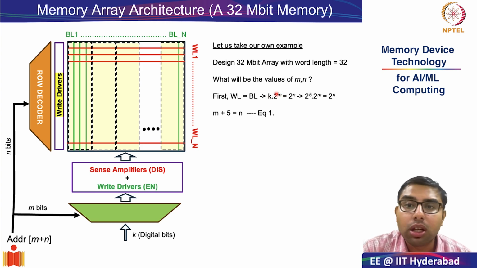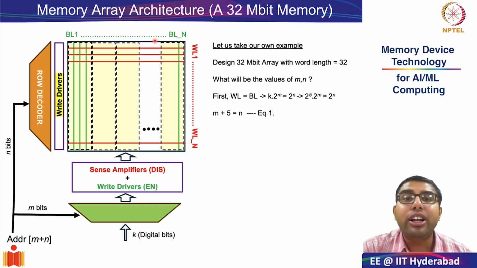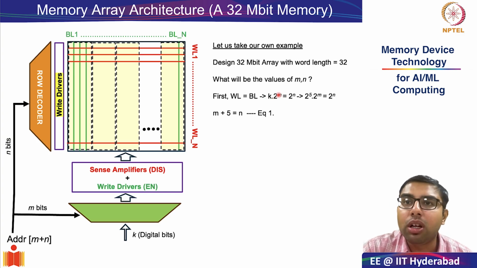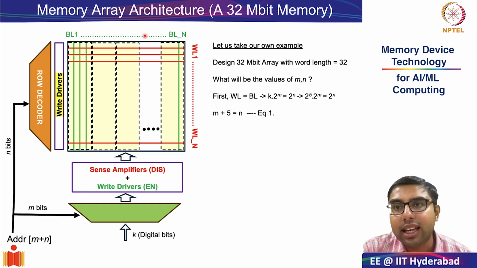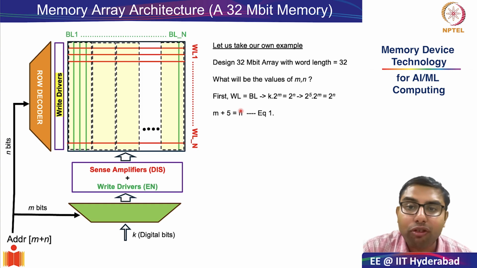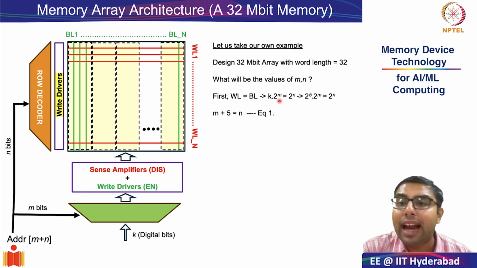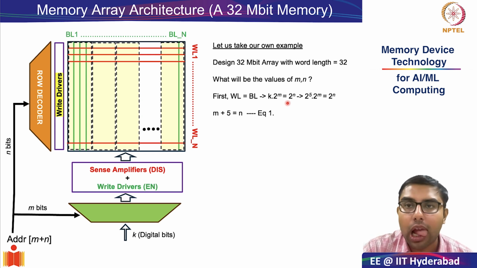This is because the bit lines are divided into k pages, each having 2 to the power of m columns. So the total number of bit lines has to be k into 2 to the power of m. And since this is a square array, the number of bit lines has to be equal to the word lines.